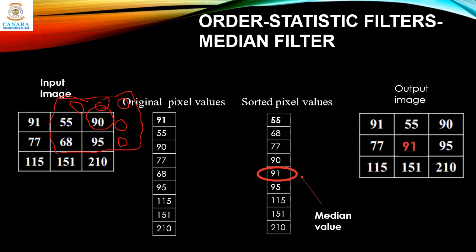The point to note here is that for all the corners like 90, 210, 115 or 91, because they're border corner pixels, if you sort in ascending order, they will have 5 zeros. That means the border pixel will become 0. This 210 or 90 will become 0 for this example. So this is how it is done.